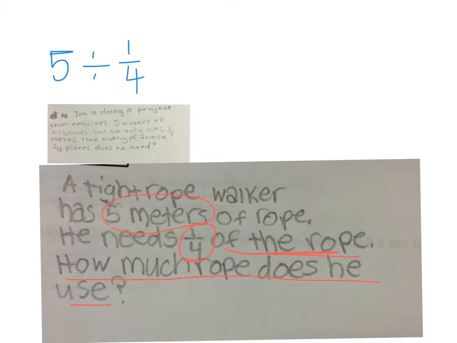Arvind? What does the word of mean? It's 1/4 of the rope. So it'd be 1/4 times 5. Is that the same thing as 5 divided by 1/4? No. So be careful. This problem does not show it.